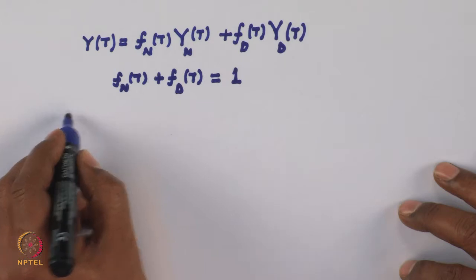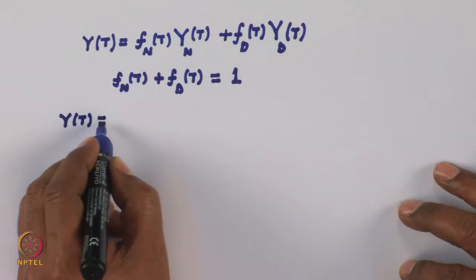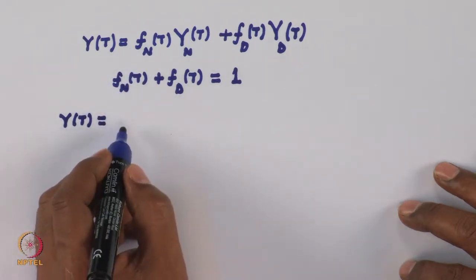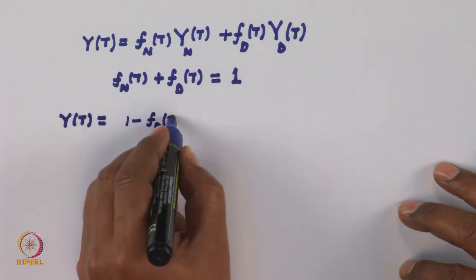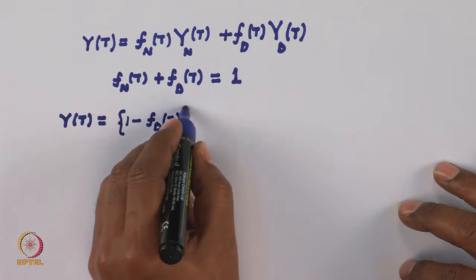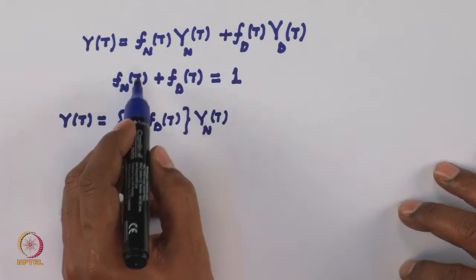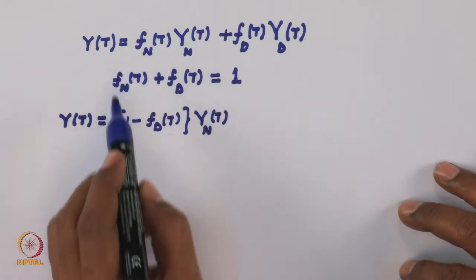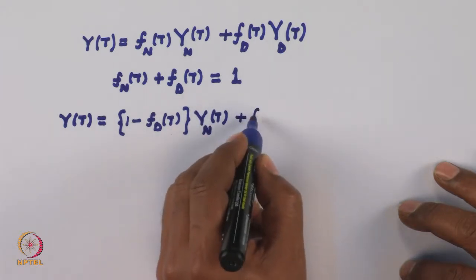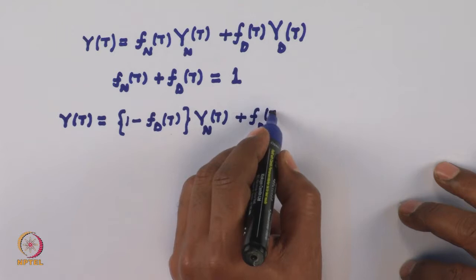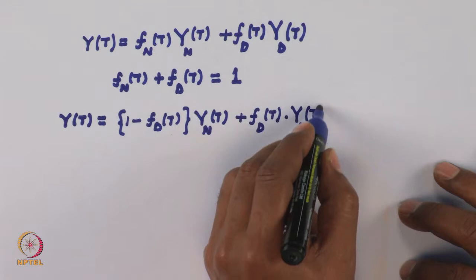Therefore, instead of Fn, I will write 1 minus Fd at temperature T into Yn at that temperature, plus Fd at temperature T into Yd at that temperature.